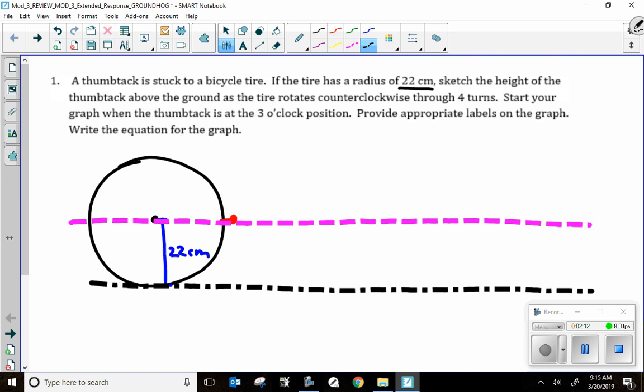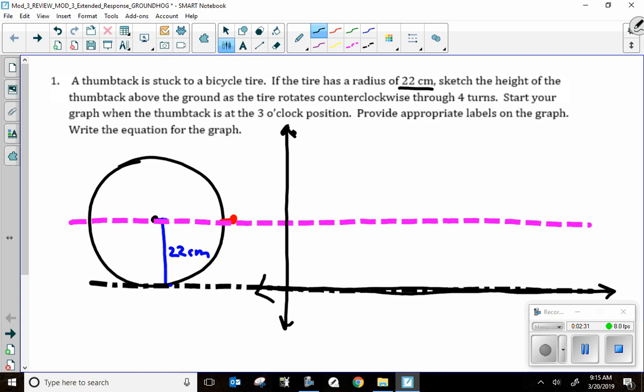All right, so let's draw a graph. Here's my y-axis. My x-axis is the ground.